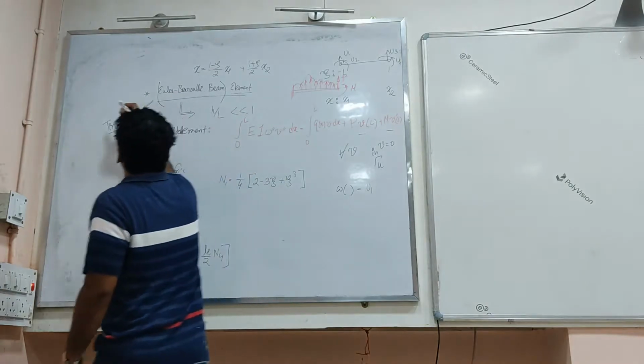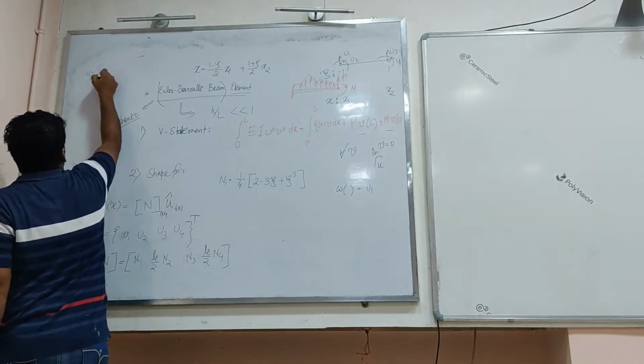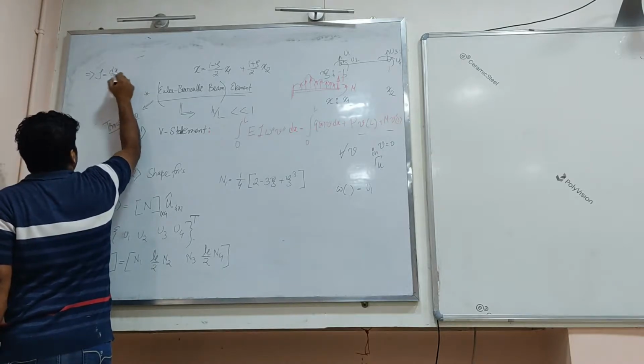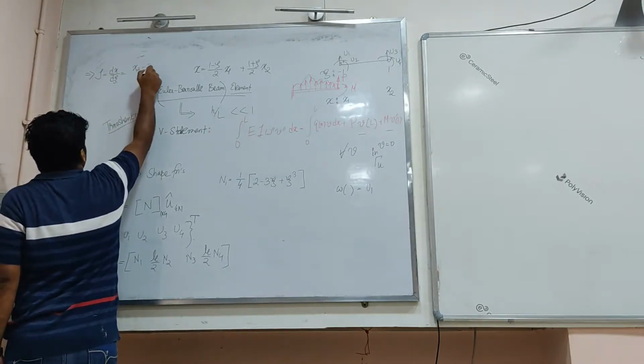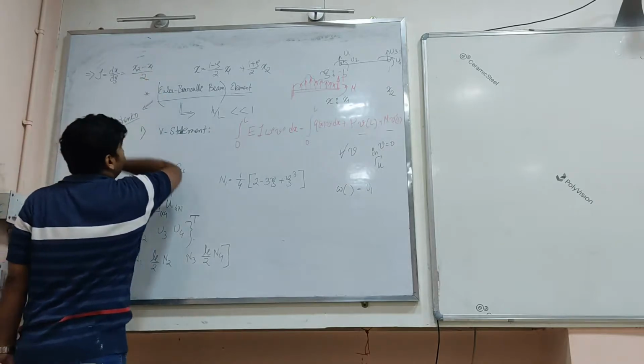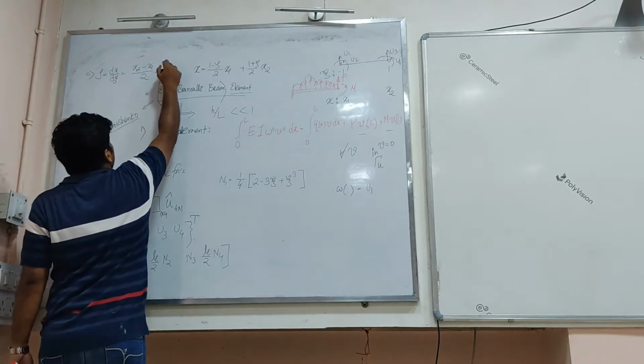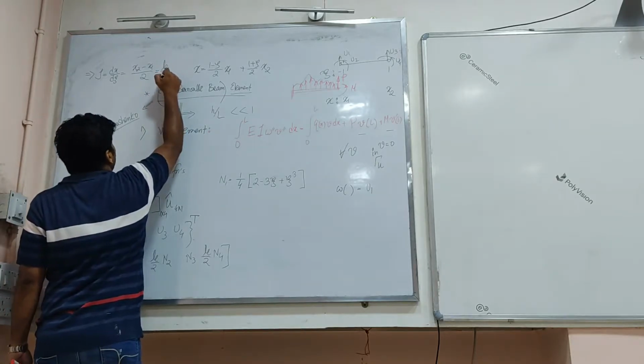So we know this particular quantity, the Jacobian, dx d xi, is going to be x2 minus x1 divided by 2, which could also be regarded as the length of the element divided by 2.